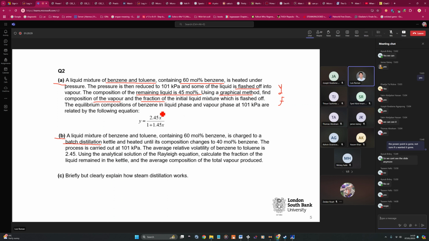As always, you need to have information about the phase equilibrium. So we have this equation in this case that relates the vapor and liquid phase compositions at that pressure, which is the pressure at which this unit is operating.